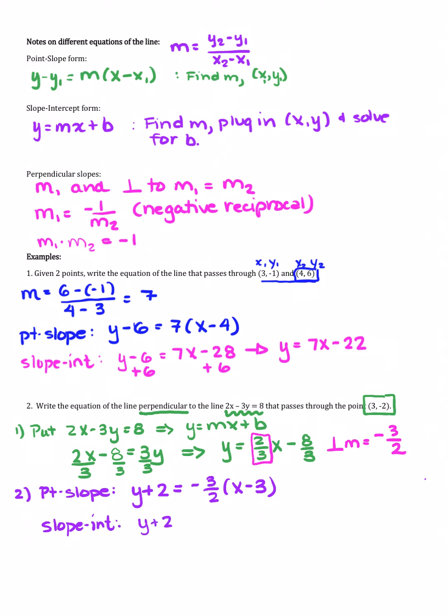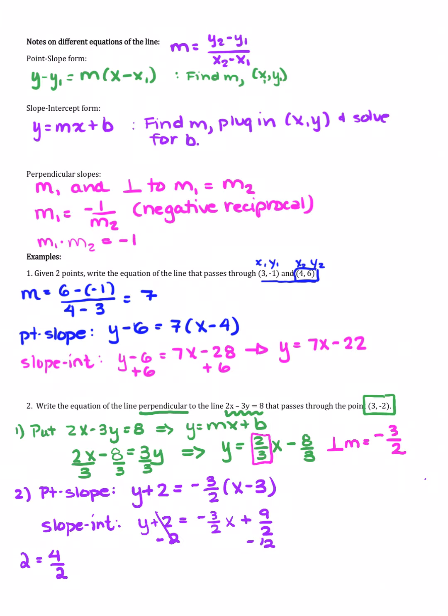First thing I'm going to do is distribute: -3/2 x plus 9/2. So you multiply across the top, multiply across the bottom. And then I'm going to have to subtract 2 from both sides. Because we have 9/2 minus 2, I need a common denominator. So 2 is the same thing as 4/2.